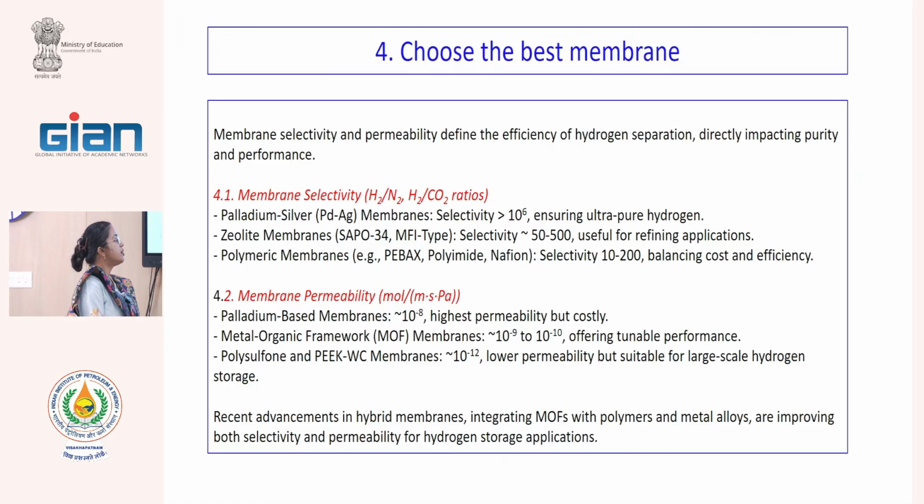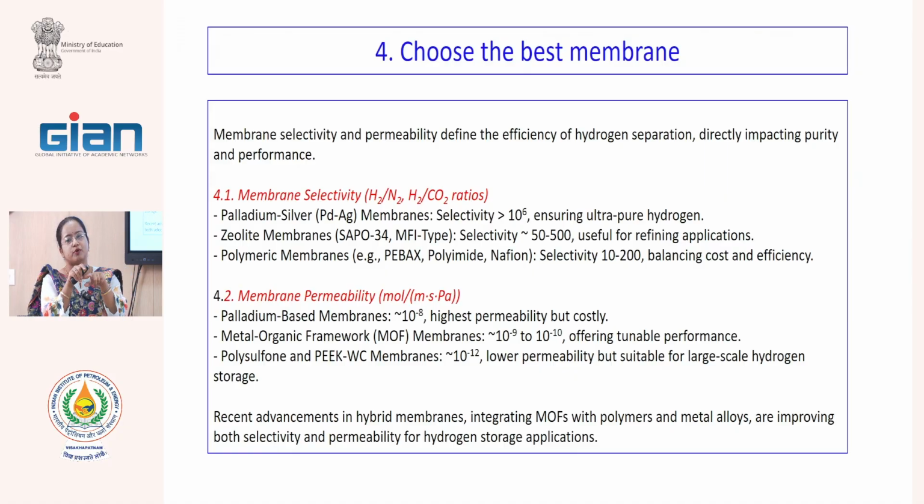These are some of the membranes that are most commonly used for these kinds of operations, but the permeability of these polymeric membranes is practically very high. So they are basically counterintuitive. When you have a high permeability, selectivity goes down. When you have a high selectivity, permeability goes down.